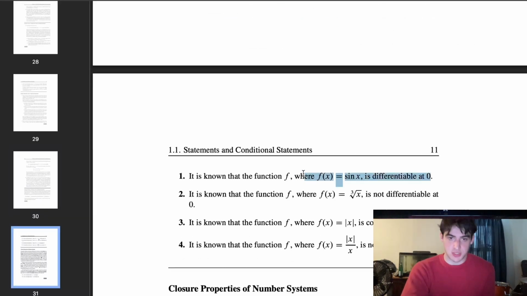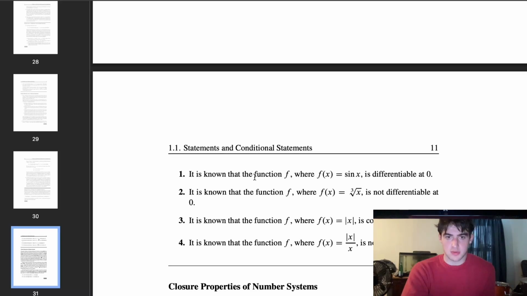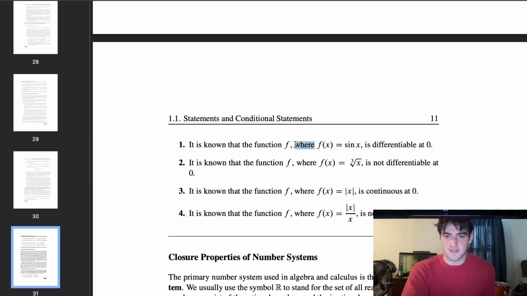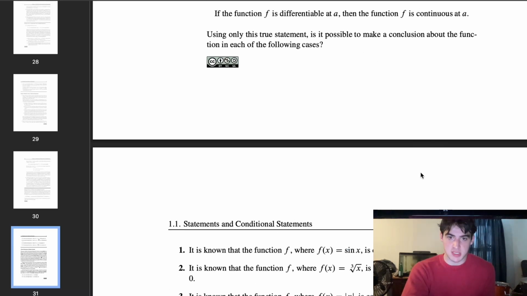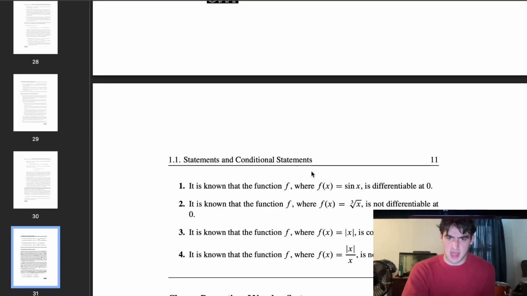So this doesn't have to do with the true statement. The hypothesis is actually different. If f of x equals sine x, then it's differentiable at 0. That doesn't have to do with this true statement. The hypothesis doesn't match, I would say.